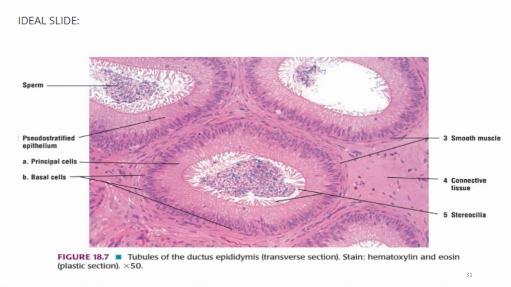You can see from this section here, you even have sperm. Sperm is stored in the epididymis. And the pseudostratified columnar epithelia here has stereocilia. So just choose one portion here, draw it, and make sure you include the stereocilia as well.